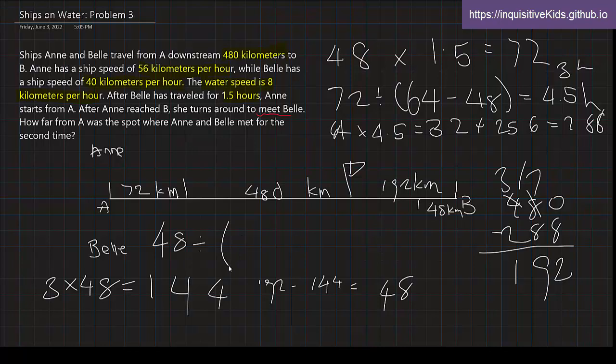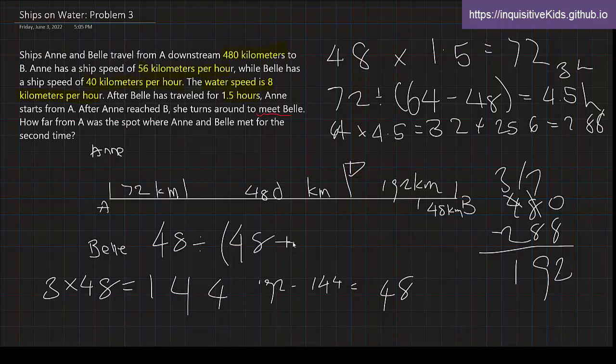Anne, remember, has already turned directions, so now she's going against the current. So she is 56 minus 8, which is 48.